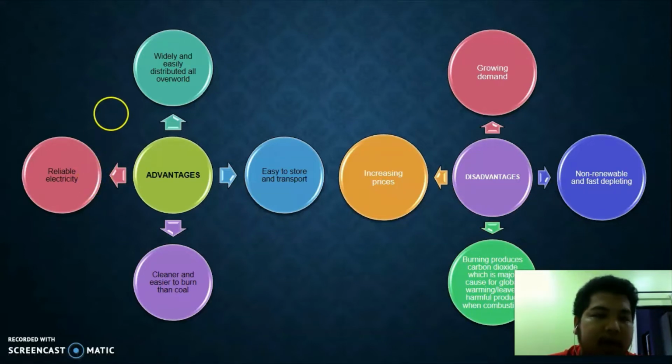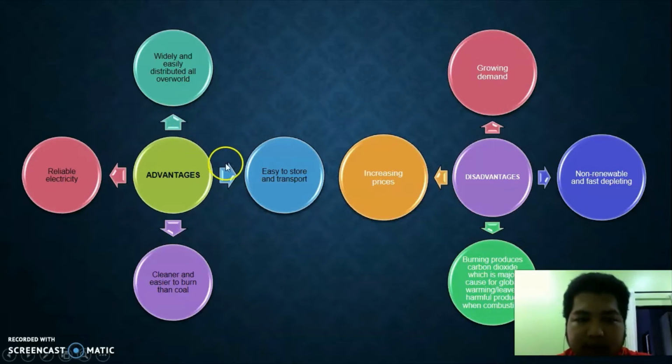It means that with oil we can make electricity. And third is easy to store and transport. And lastly is cleaner and easier to burn than coal. This means that oil takes less time to burn than coal.